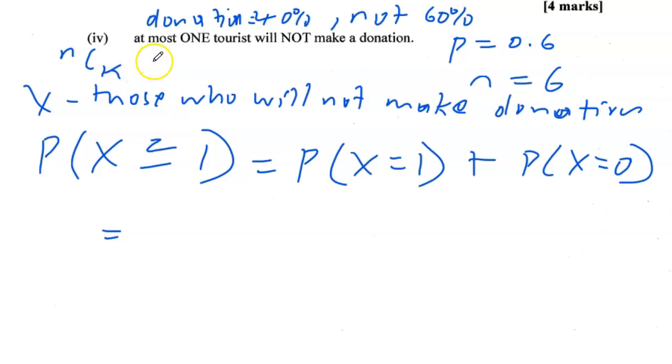Alright, so using the same formula, n choose k, p to the k, times (1 minus p) to the n minus k. Same formula, but this time we're using p to be 0.6, since we're talking about those who did not make a donation.